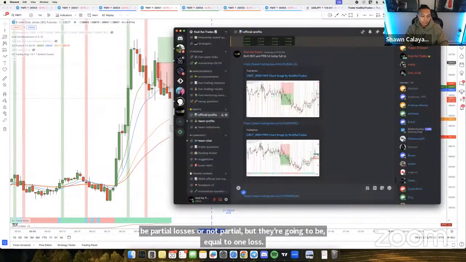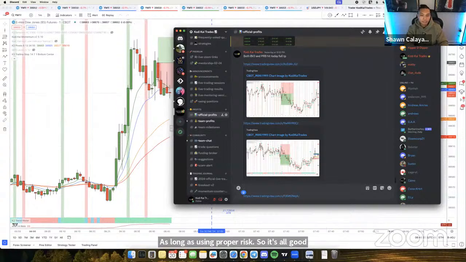So it's all good. Looks like I got to reset my main account. The account that got a drawdown was the first account that I ever bought. I bought that account, I don't know, about a month ago, and it was due for a reset anyways. So I got to reset it. I think that's the first account that I've hit the trailing drawdown on, which is fine.